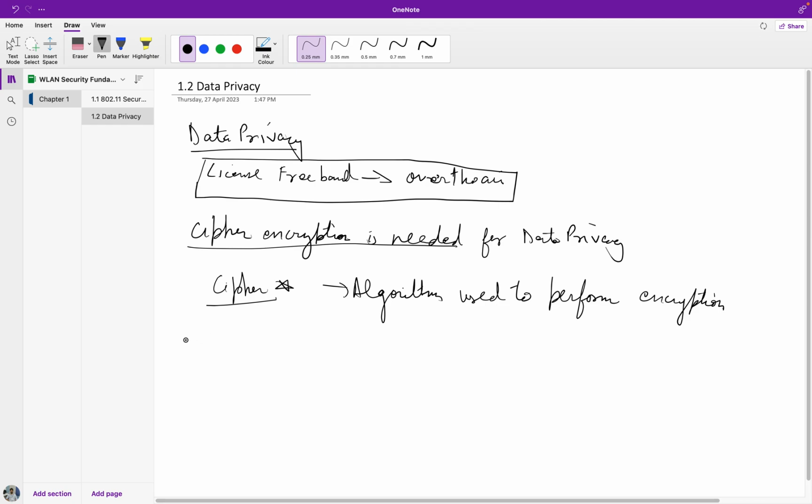So let's talk about what they are. RC4 and AES. RC4 is basically Ron's code or Rivest cipher. No need to go for the full form, that's absolutely fine. And AES is basically Advanced Encryption Standard. Now the difference is, I will discuss this also, but some ciphers encrypt data in continuous streams like this.